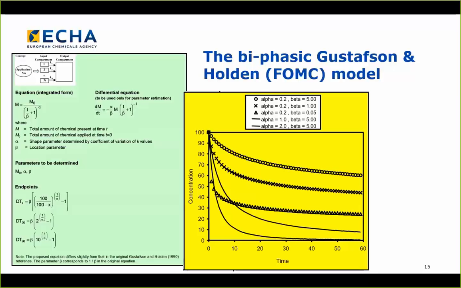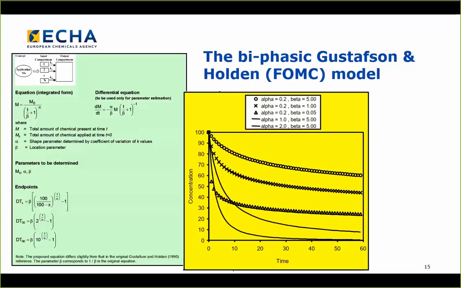The information box also gives us the differential equation, maybe starting to look a little bit more scary now, but if you have the software that can build and solve differential equations and you know what the model parameters are, then it's actually quite easy. And again, we'll do that in our first workshop. We'll build an FOMC model. Okay. Again, it tells you the equations for DT50 and DT90. So really, all the information that you need is there.